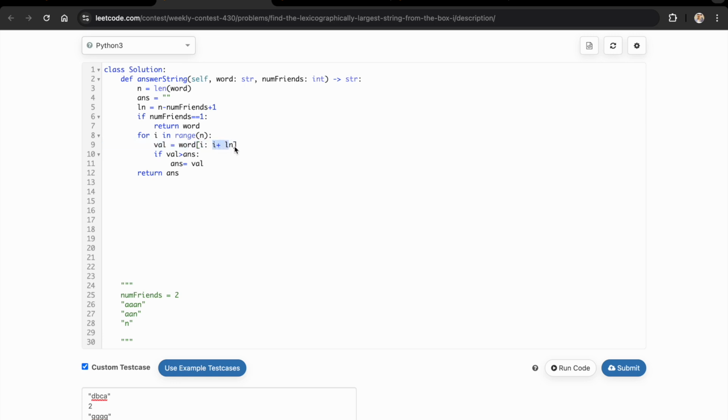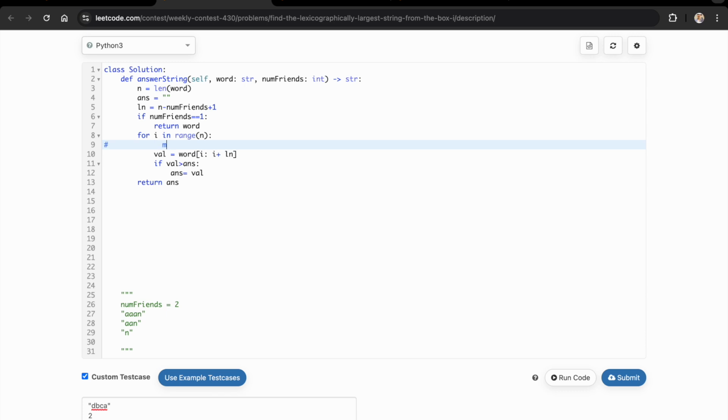In other languages you can write minimum of i plus ln comma n. But in Python, if we just provide i plus ln, then also it will take till the n. So that's how it is working.